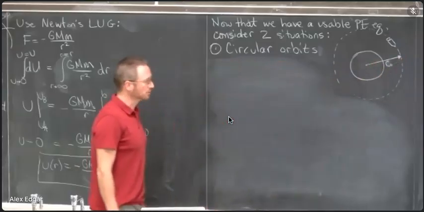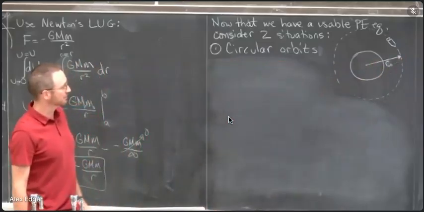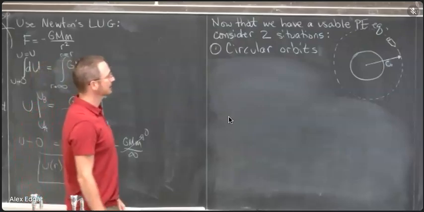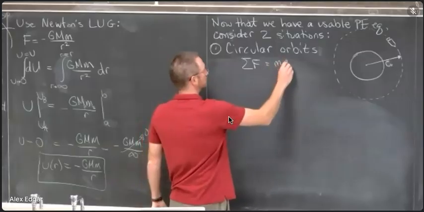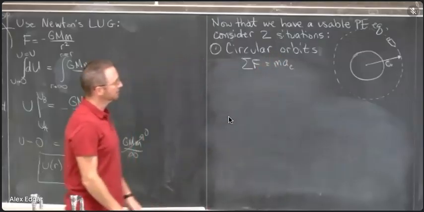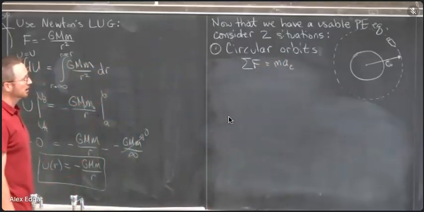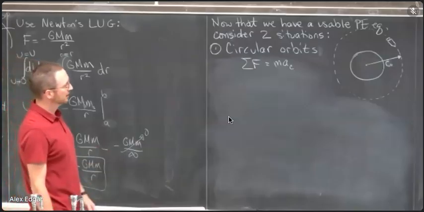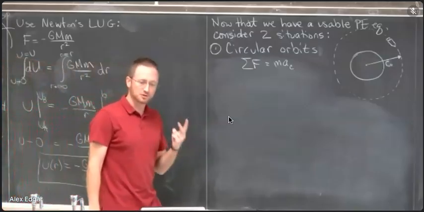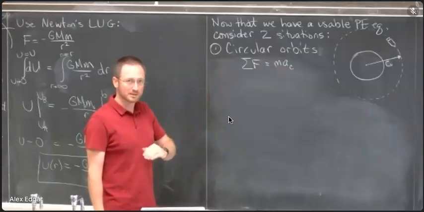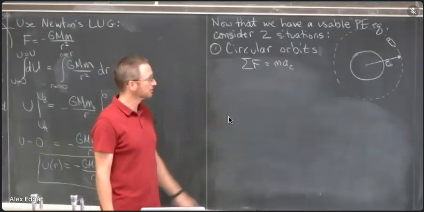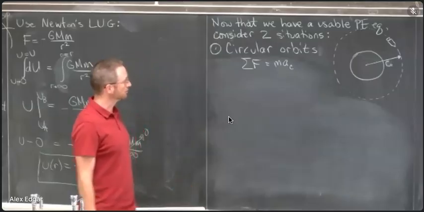Remember that when we're talking about gravity, you have to measure everything from the center of the planet. And if we're talking about circular motion, we have some forces acting on that satellite. And for our purposes, we're only going to have two objects in our universe, the planet and the satellite. I don't want to deal with something else muddying the waters.